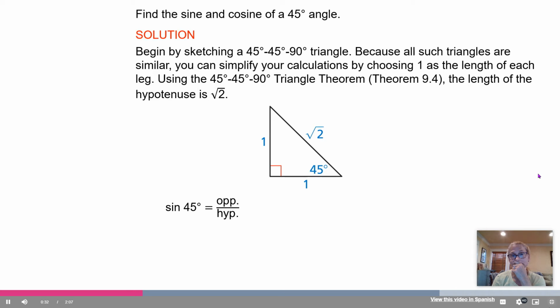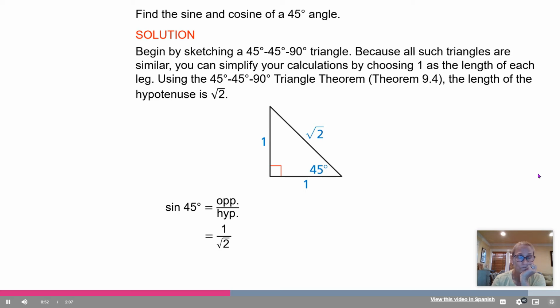Now, the sine of 45 degrees is equal to the length of the opposite leg divided by the length of the hypotenuse. The length of the opposite leg is 1, and the length of the hypotenuse is the square root of 2. So, the sine of 45 degrees equals 1 divided by the square root of 2.